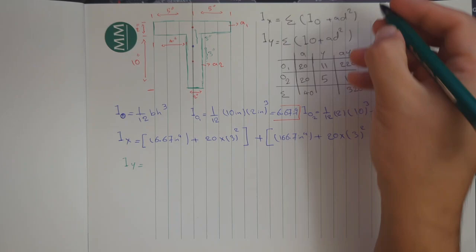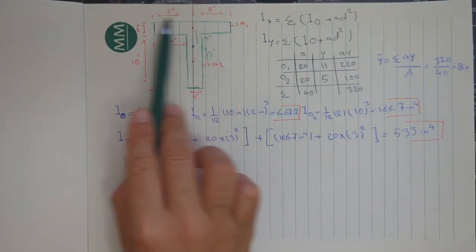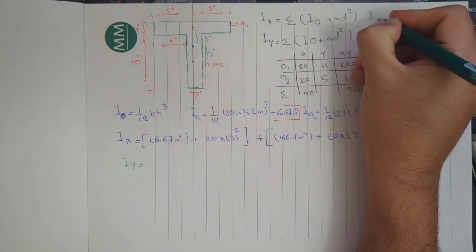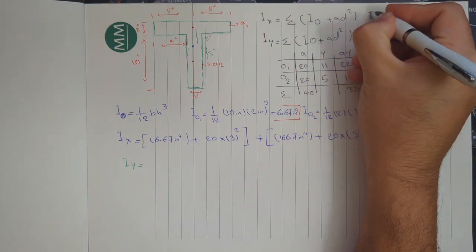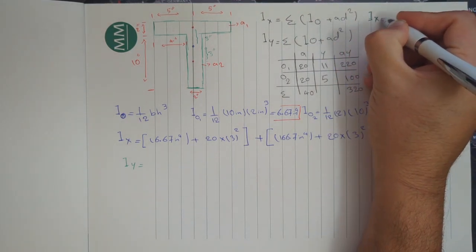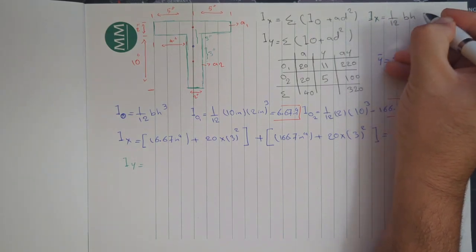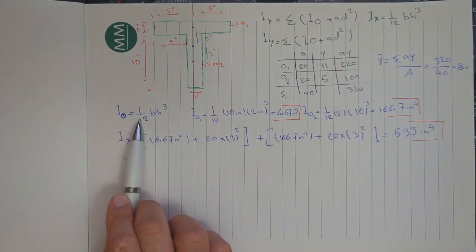As we know, we have two rectangles, right? Ix for the rectangle, let me just write it down with black as well. Ix for the rectangle was 1/12 of BH cubed right here.